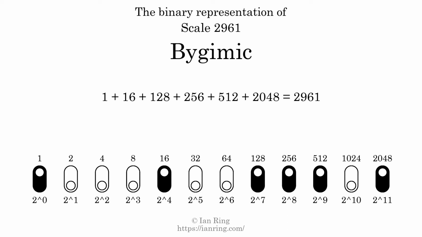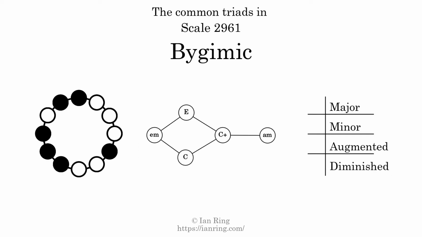That is why the scale number, in decimal, is 2961. The scale number not only enumerates the scale with a unique index, but it also literally describes the tonal content of the scale. Represented as a binary number in base 2, the scale number is 101110001001.